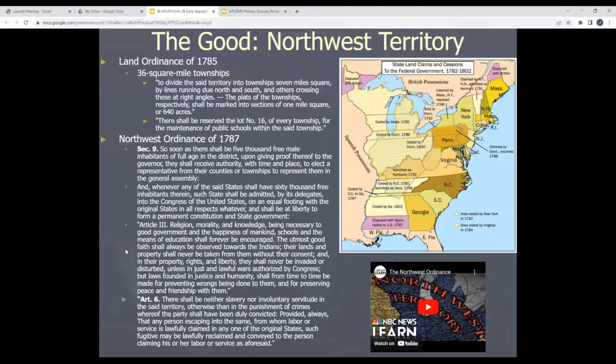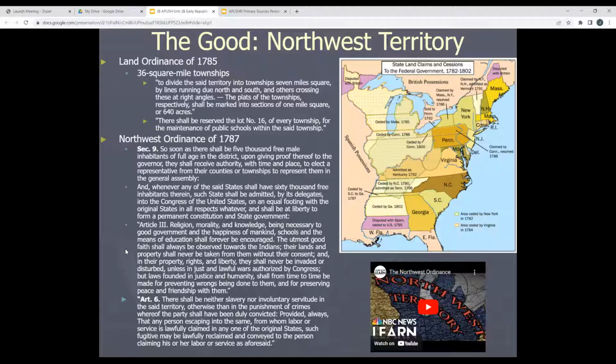That is really cool. Recognizing private property and their property rights and liberties shall never be invaded or disturbed. It does say that the natives, they're not going to respect that. But private property in regards to the American settlers that establish themselves in these territories, which eventually will become states, yes, they will recognize that fundamental right.